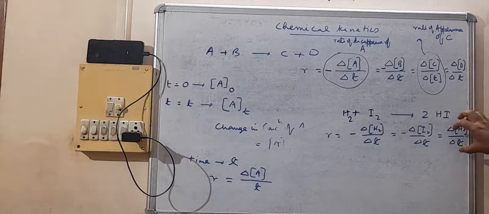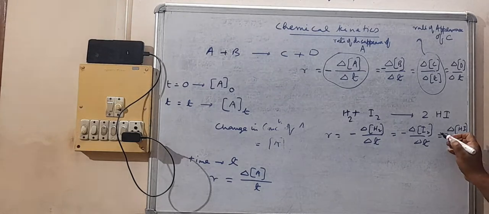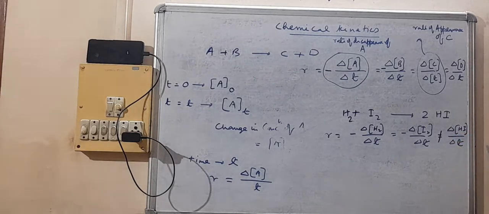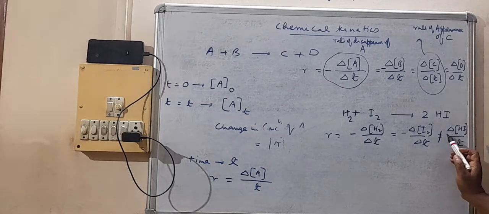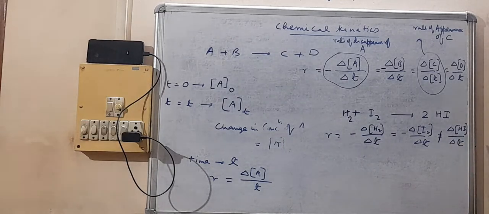That means this quantity is bigger than this one. They are not the same. These two are the same. So rate is equal to this, not equal to this, because this value is double this one.